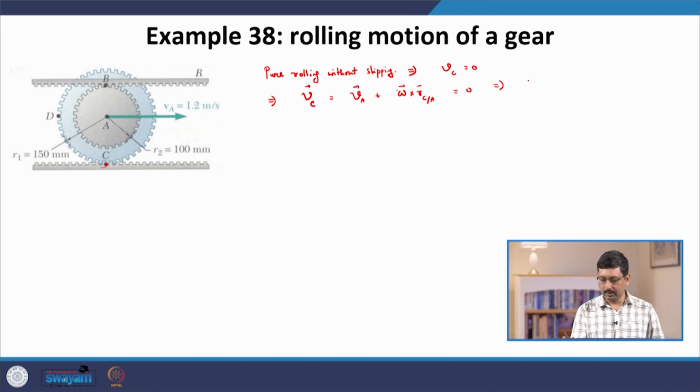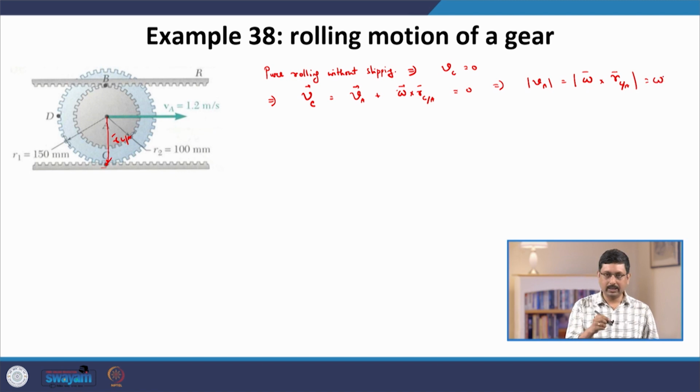That means the magnitude of V A must be equal to the magnitude of omega cross R C A, where R C A is the location of C with respect to A. So this is simply omega. The direction of omega is clear from the picture if we apply the right hand thumb rule.